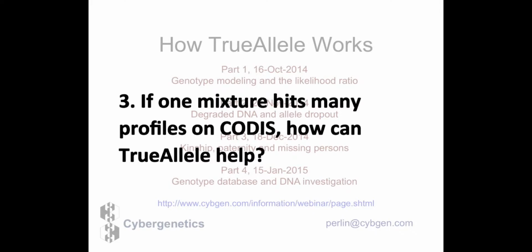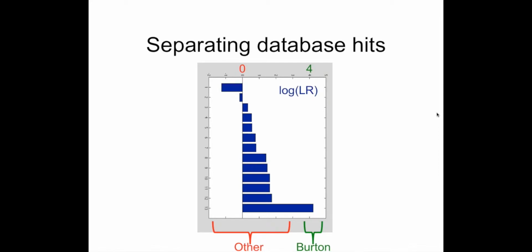Next question. If one mixture hits many profiles on CODIS, how can TrueAllele help? Well, that's exactly what we saw in the Stewart-Burton case, where we saw that the values could be stratified left to right based on, suppose you get 13 hits back, and now you look at their log LR values relative to the original evidence that's now computed as a probabilistic genotype, a single contributor that has probability.